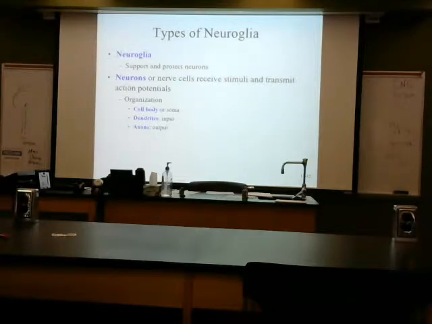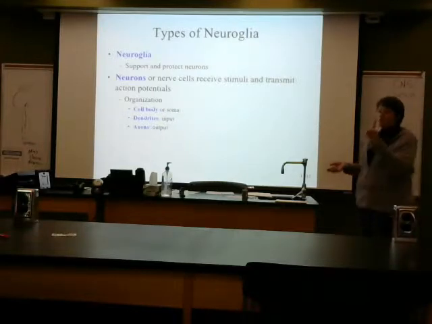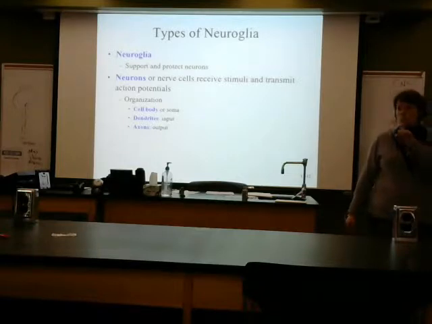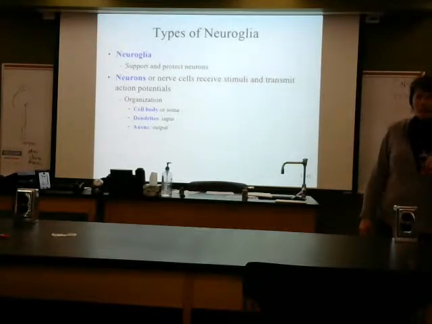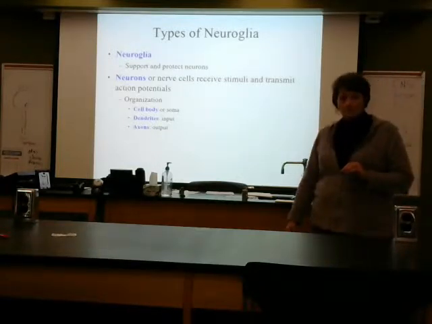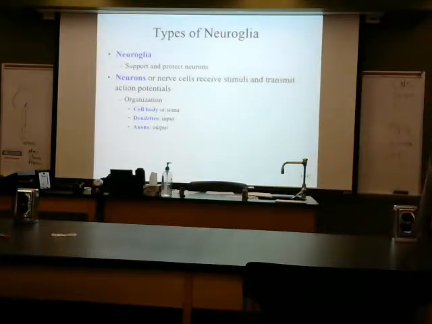The support cells in the nervous system. Note, I did not signify one or the other. I simply said the nervous system. The support cells are called glial cells. So these are neuroglia. They are going to help support and protect the neurons.